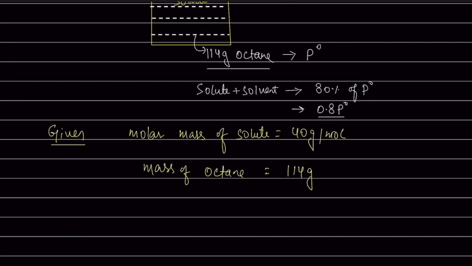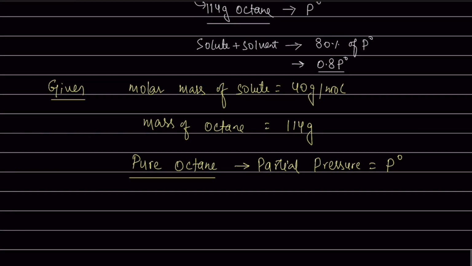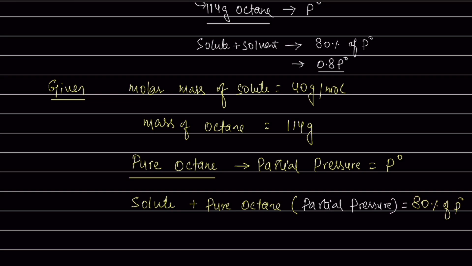As I said, when we take pure octane, its pressure is equal to P naught. But if we add a solute to the pure octane, then its pressure is 80% of the pure pressure, so it's equal to 0.8 P naught.